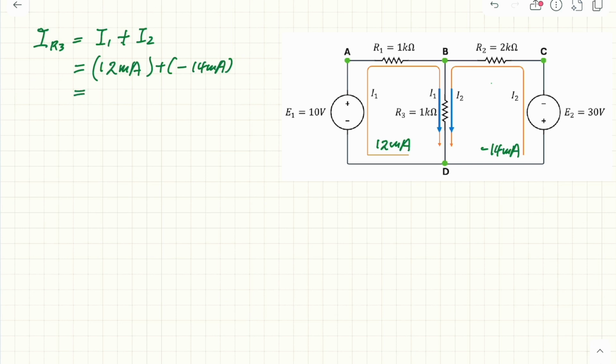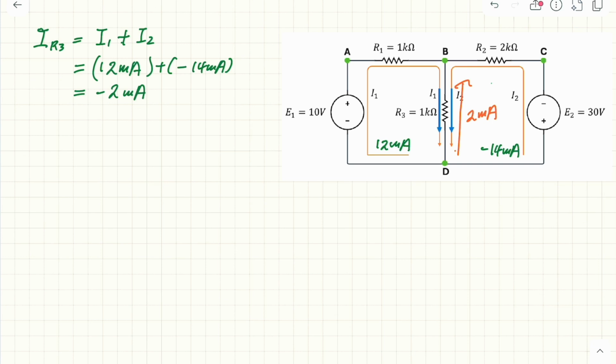So numerically, you get minus 2 mA. So it means it follows the negative direction of I2. So it means it's from the bottom to the top, and this is 2 milliamp.